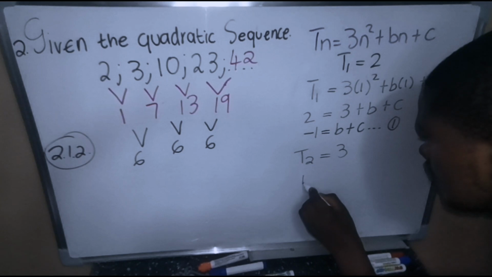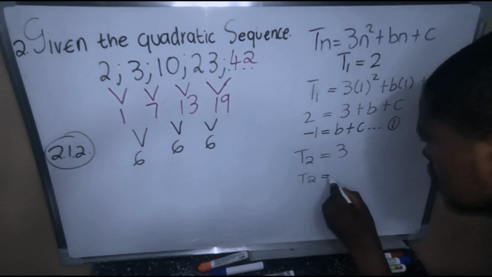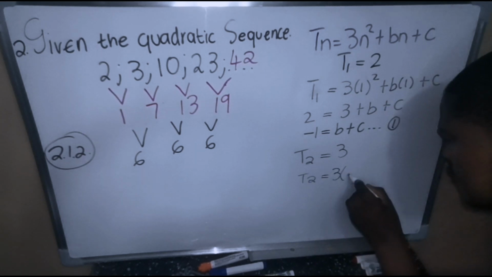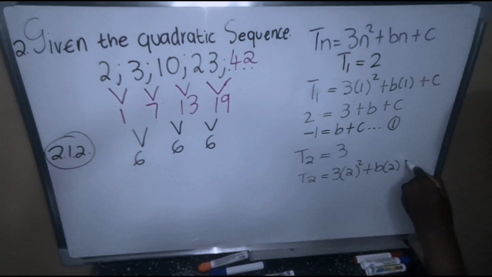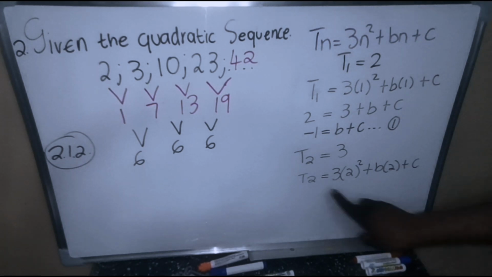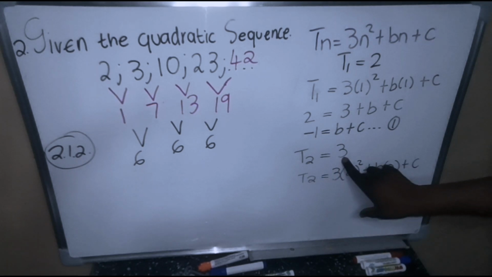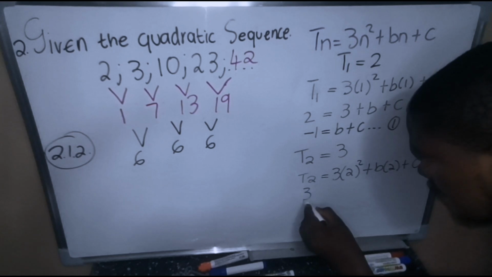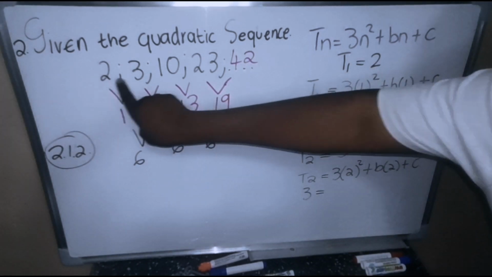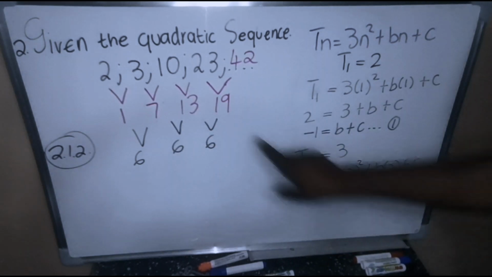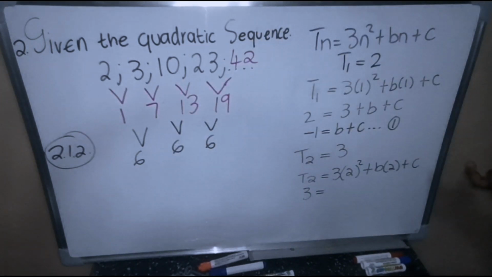T2 is equal to 3 times 2 squared plus b times 2 plus c. Now where I see T2, I put in 3. That's how we do it.